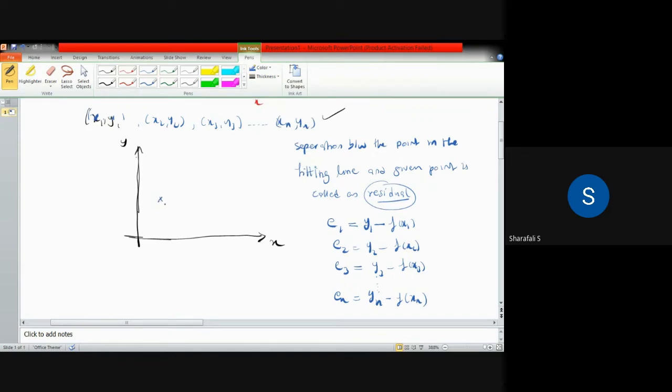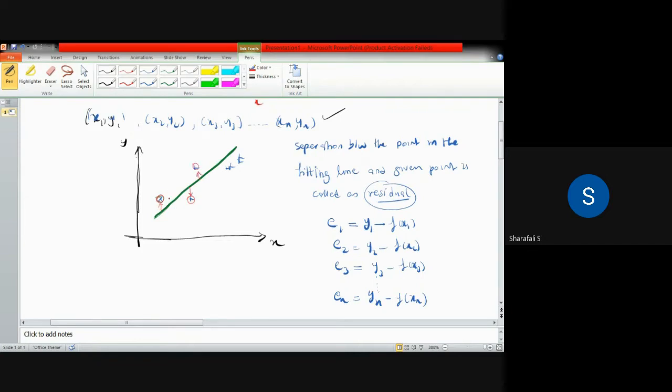We are having different points like this, and let's say the linear fitting will give you some line like this. This is the approximate curve for all these data which are available. If you consider this one, this y value is above this line, and this y value is below this line, and here it is above.